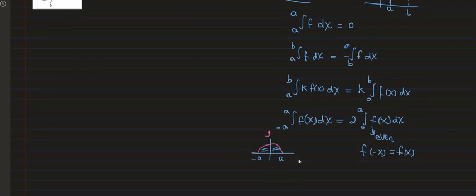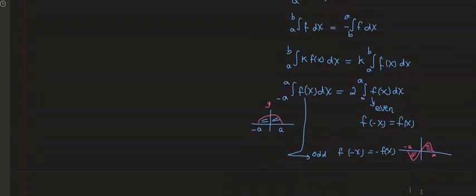What if this function is odd? So if this f is an odd function, which means that f of negative x is equal to the negative f of x. It also means that if we're having a graph, what we have here, we do have there, but negative. So if we're integrating from negative a to a, this area is going to cancel that area.